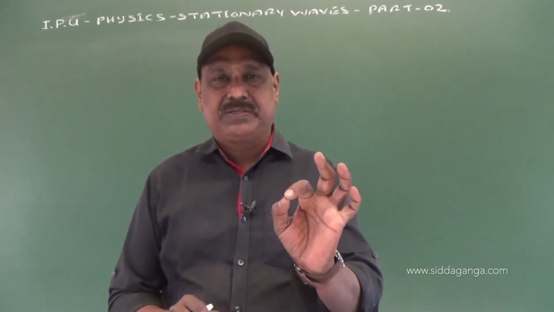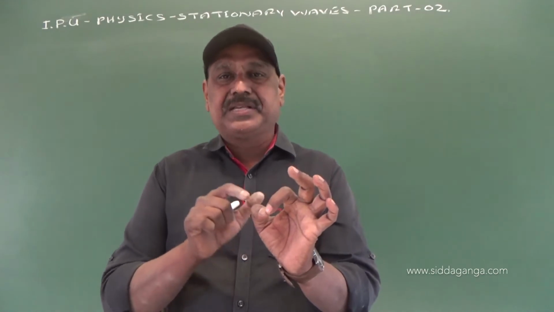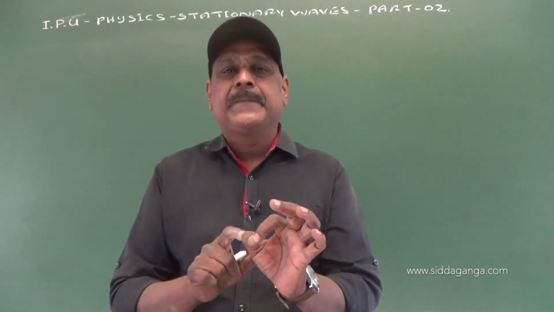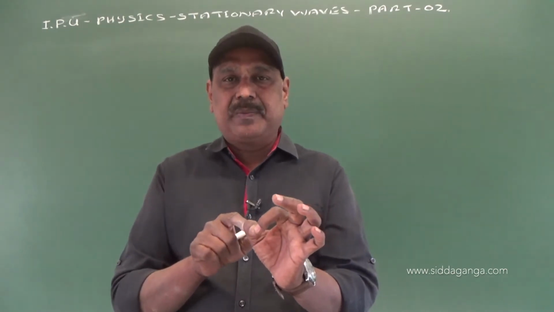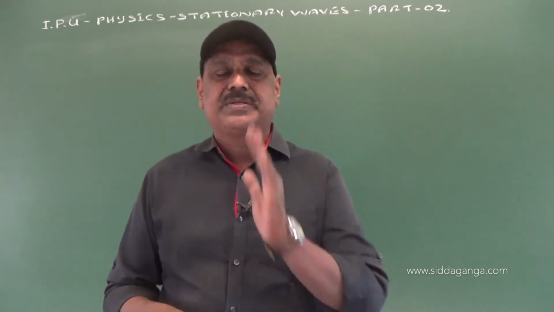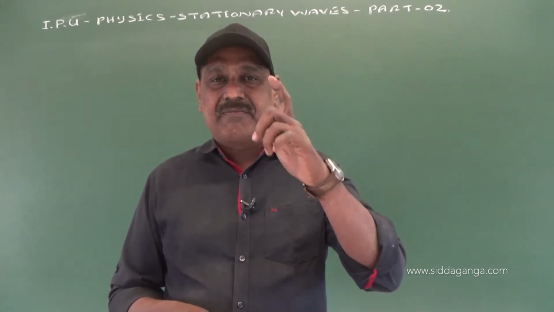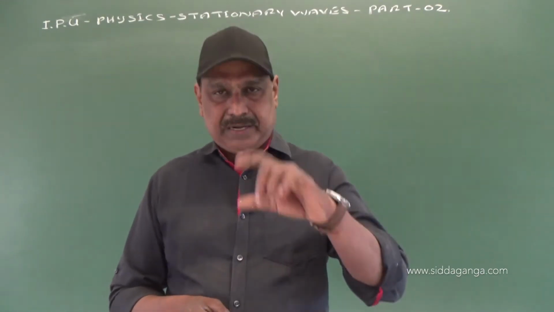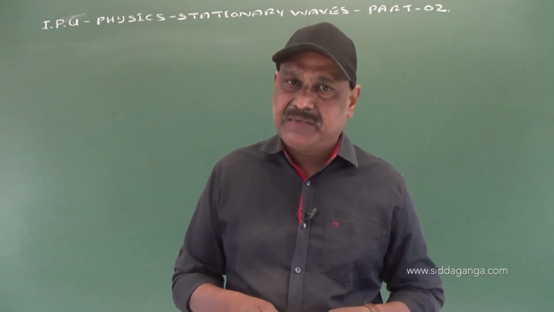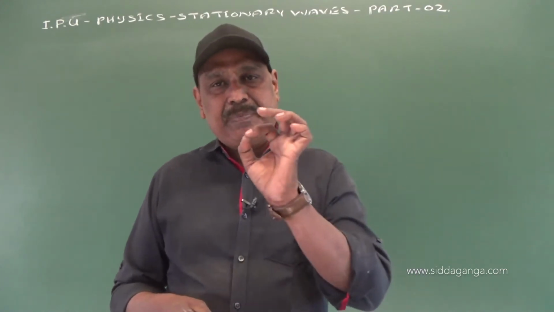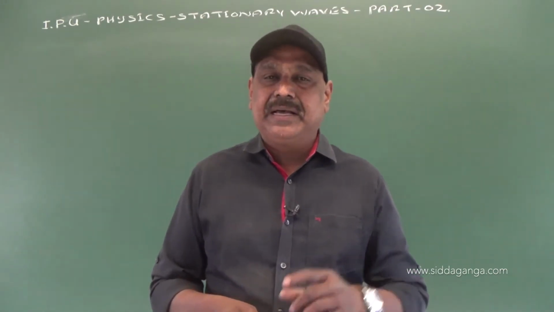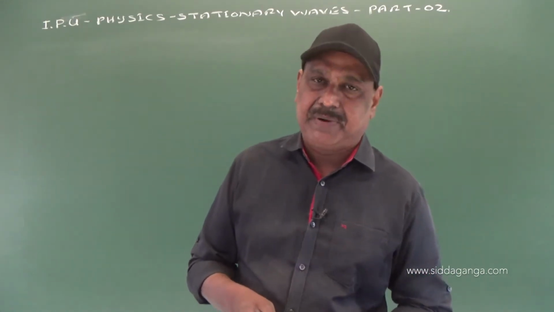So at nodes velocity is 0, amplitude is 0 and pressure is maximum. At antinodes, velocity of vibration is maximum, amplitude of vibration is maximum and pressure is minimum.